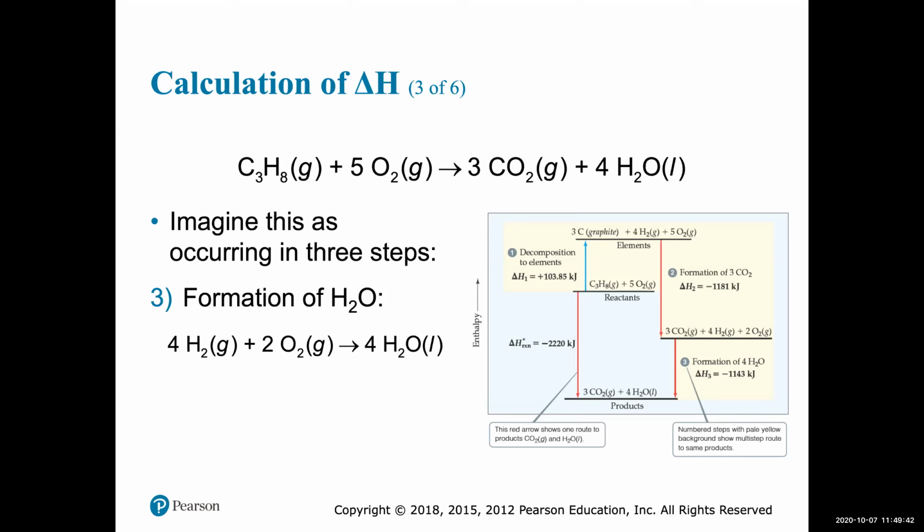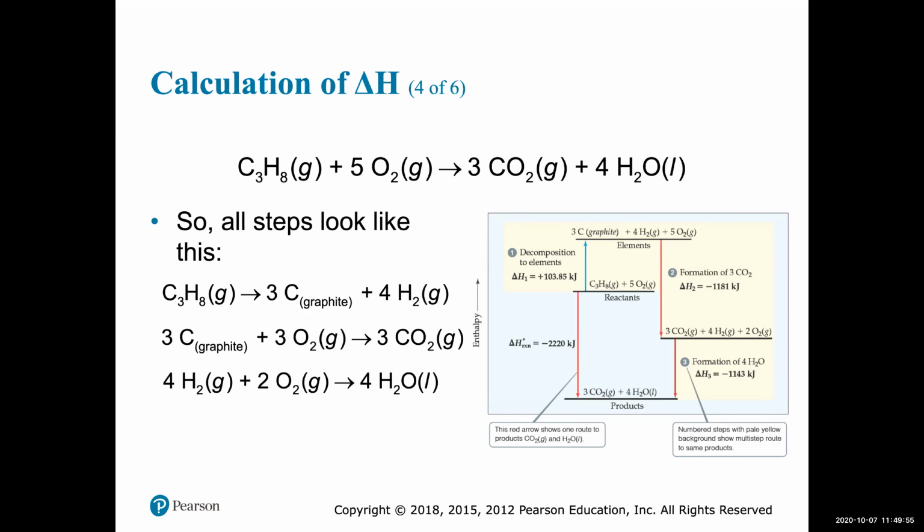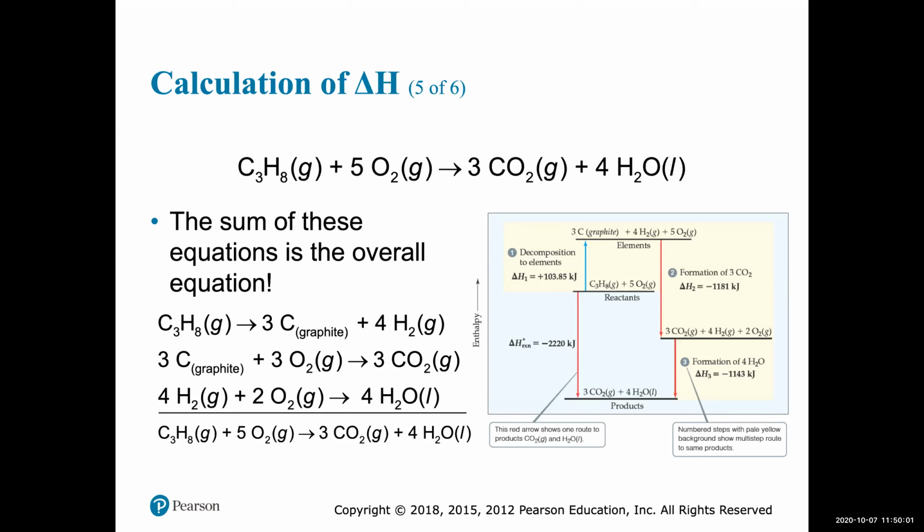This goes back to that state function idea: you can piece together different paths, but the key is if the equation balances, you should get to the same delta H value. If we wrote those 3 steps down, they'd look like this. And sure enough, if we did that balancing, like we did on one of the homework problems a little while ago, we would come up with that same reaction.